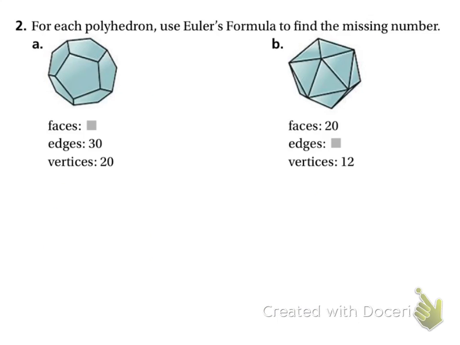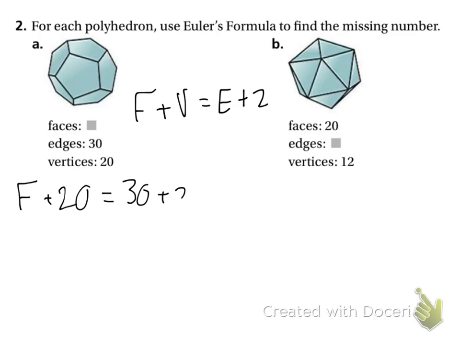So we're given two of the numbers. We need to figure out the third one. So remember our equation, F plus V equals E plus 2. So we don't know what our number of faces is, so I'm going to leave that the F. We know that we have 20 vertices. We've got 30 edges. So this is F plus 20 equals 32.